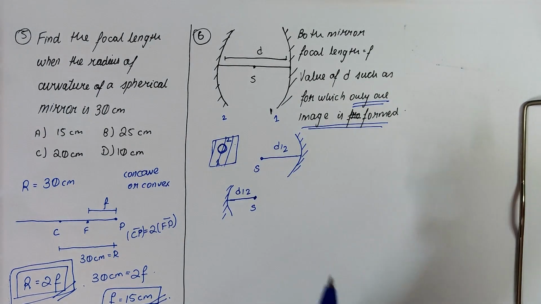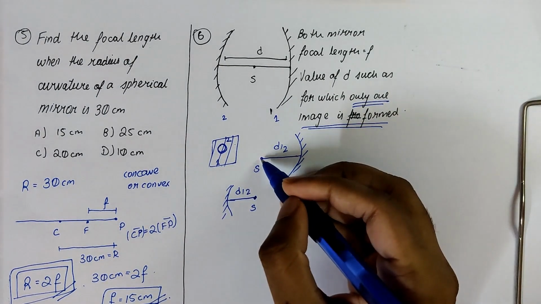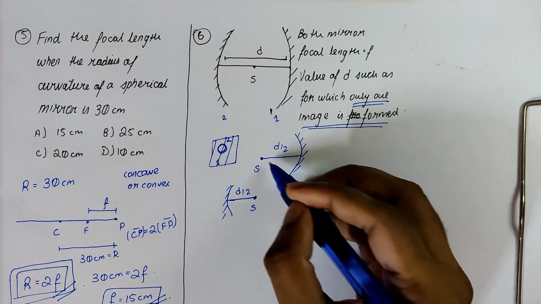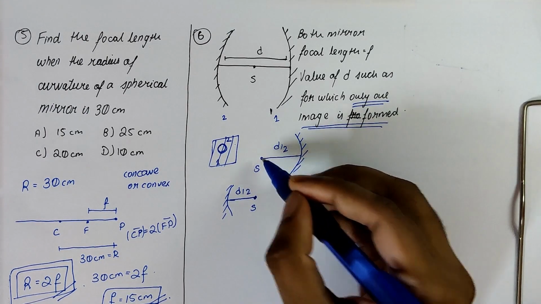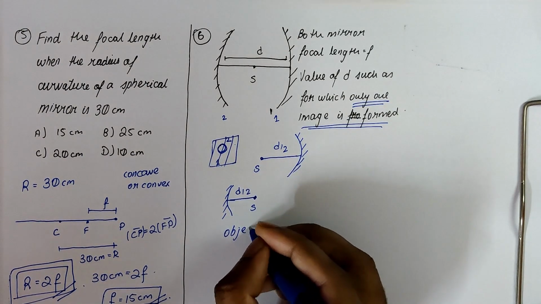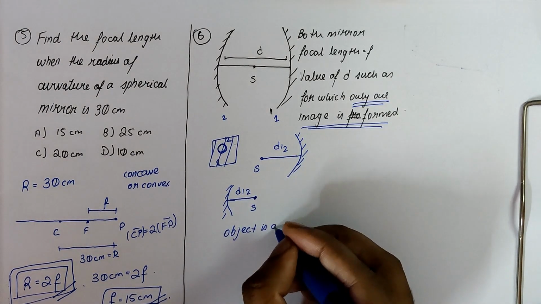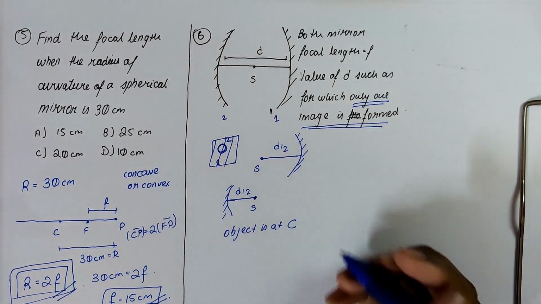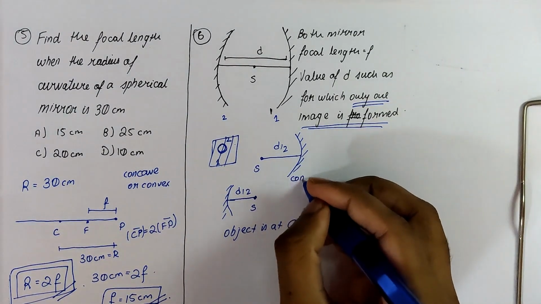That is a case where an image placed at a certain point will also be at the same point, and that case is when the object is at the center of curvature. This is the concave mirror, by the way.